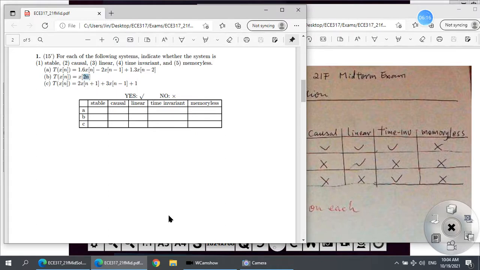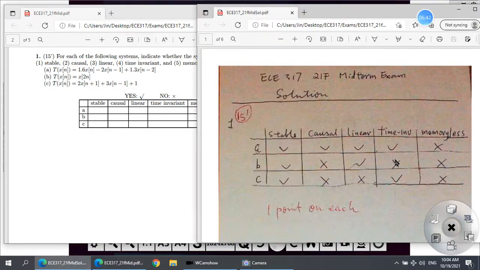You can check, for example, by using the delta as input. If you shift the delta by 1 or 2, the output will also be shifted, but by a different amount than the input, because you have 2 times n. So this is not time invariant.